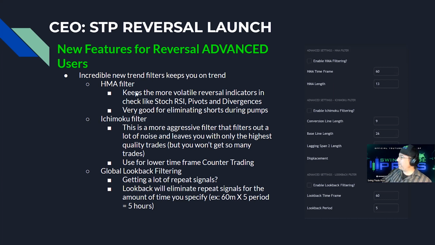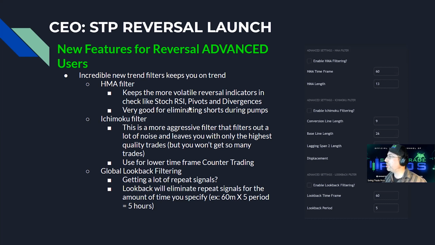We were talking before about clean charts, right? And not trading against the trend. HMA is really the best for that. And you start enabling that for these really volatile indicators like pivots and divergences.